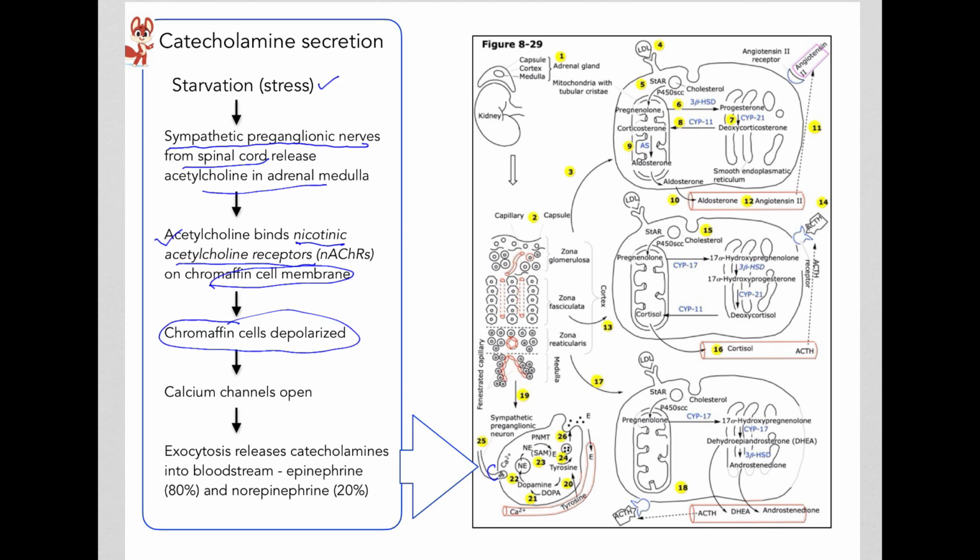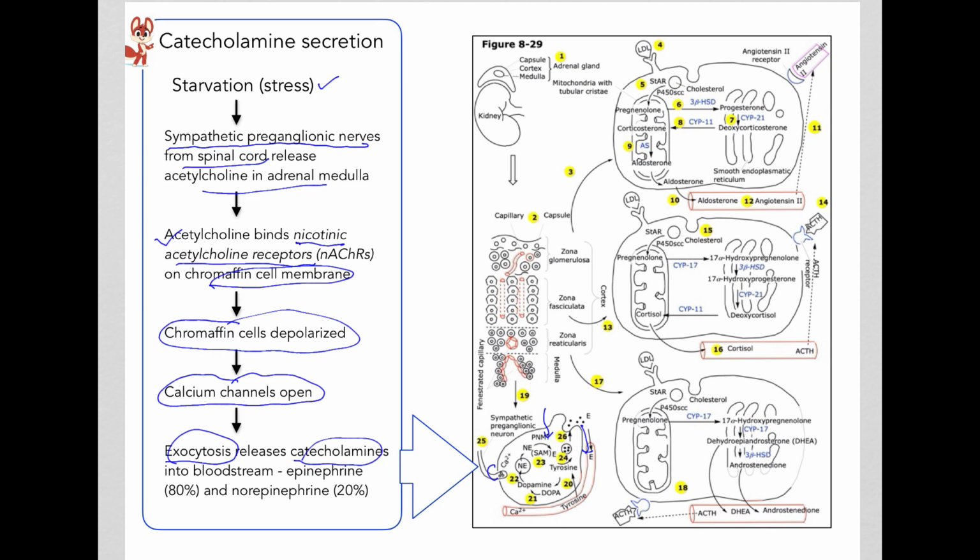And when they become depolarized, that will cause calcium to enter. So a lot of calcium will enter the cytoplasm of these cells. And as we discussed before, calcium stimulates exocytosis, and these vesicles will release catecholamines into the bloodstream.